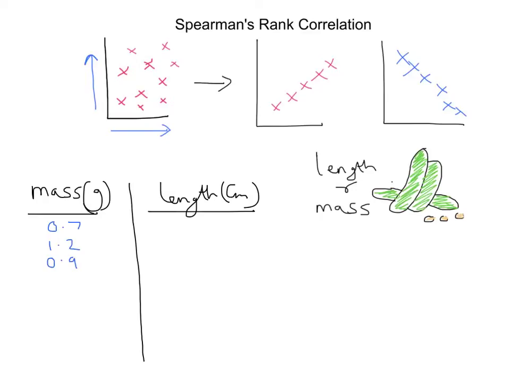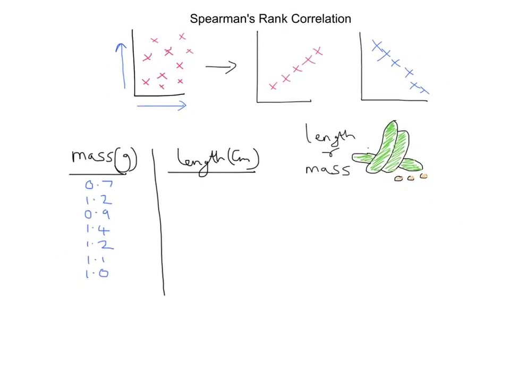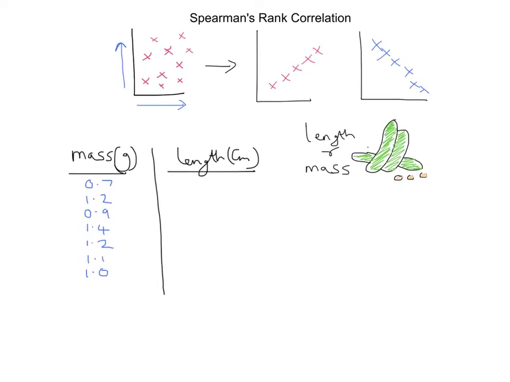I'm just making up some random numbers here. 1.4, 1.2, 1.1, 1.0, 0.9, 1.0, 0.8. So let's say we've worked out the mass of 10 of these beans, and in grams, we've got the values down the side.